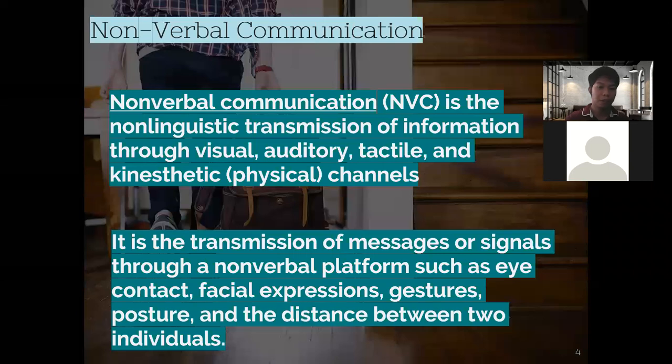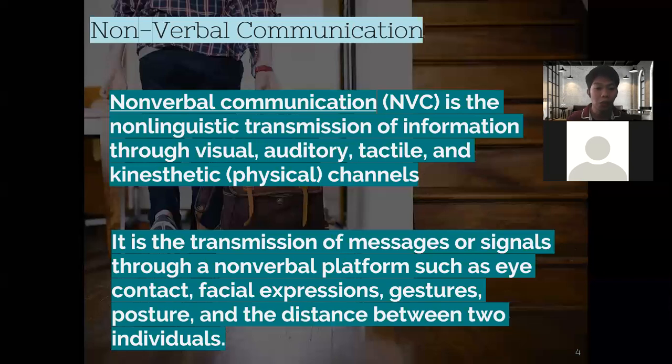Right. Nonverbal communication, or NVC, is a non-linguistic transmission of information through visual, auditory, tactile, and kinesthetic or physical channels. It is the transmission of messages or signals through a nonverbal platform such as eye contact, facial expressions, gestures, posture, and the distance between two individuals. So basically, when we say nonverbal communication, it is relaying of information without the aid of words or spoken attributes of communication.